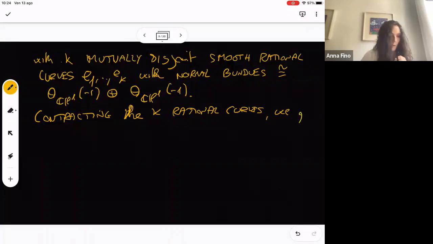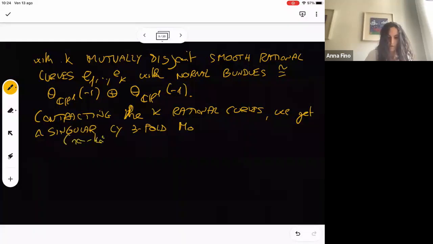So we get a singular Calabi-Yau threefold, let's call it M0, here I mean non-Kähler in general, so the Kähler condition is not preserved anymore, with k ordinary double point singularities.